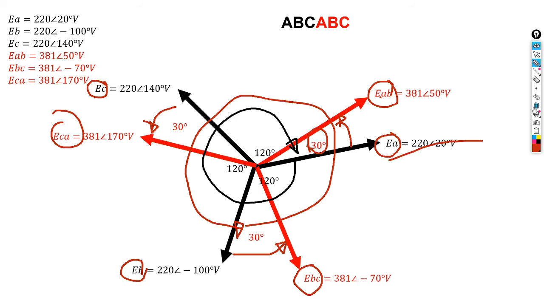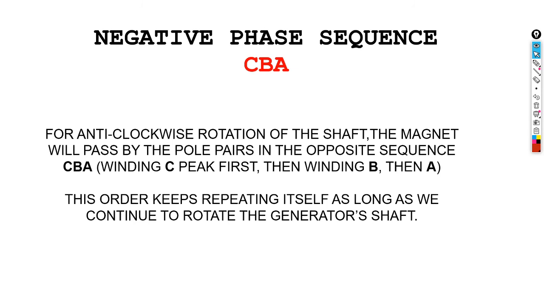Let's have a look at a negative phase sequence, which we said is CBA. There is not much difference. Now you can see that it's just the order that changes. Okay, so for an anti-clockwise rotation of the shaft, the magnet will pass by the pole pairs in the opposite sequence, CBA.